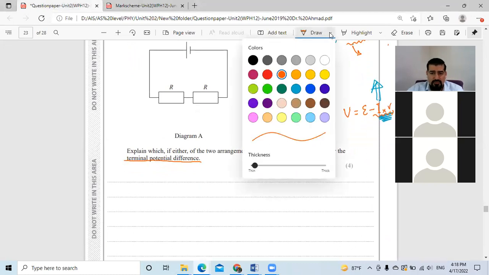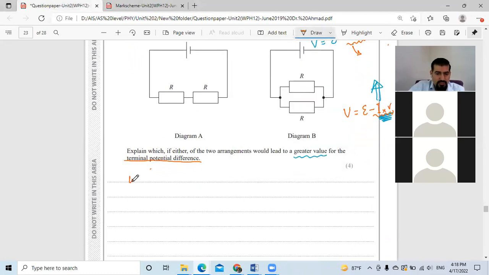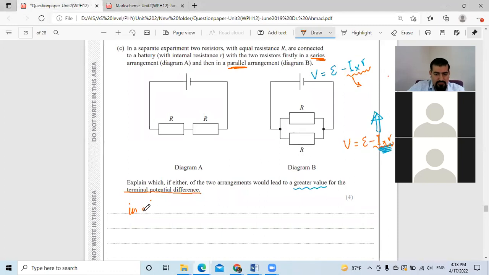The first method, what I'm going to say: in series, the combined resistance is greater, between brackets 2R, than in parallel.